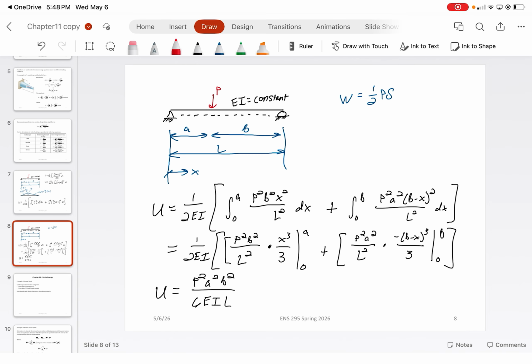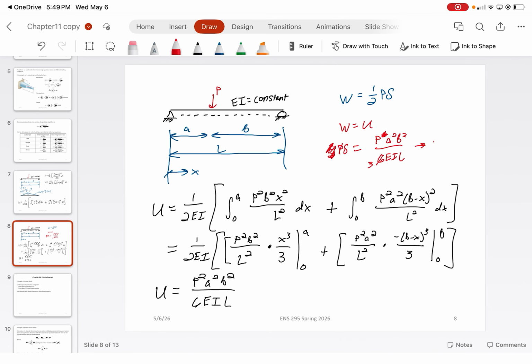Well, from here, let's let W equal U. We get 1/2 P times delta is equal to P squared A squared B squared divided by 6EIL. The P cancels out with one of the P squared terms. The half can cancel, so that becomes 3.